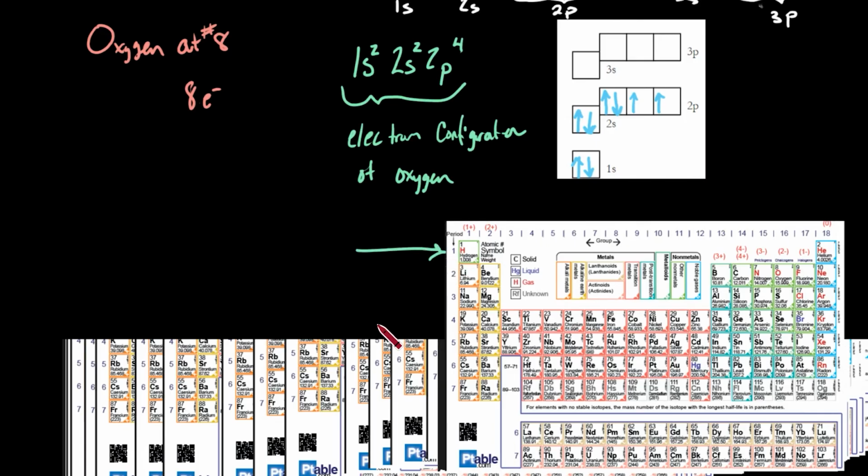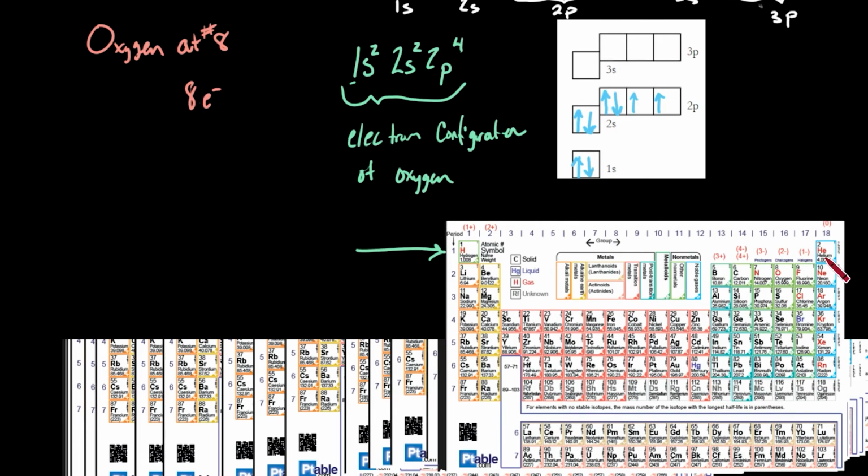You guys remember yesterday with the Bohr model, we were drawing our circles? First energy level had how many electrons? We had 2 in that first circle, right? Well, lo and behold, first energy level, 2 electrons. Second energy level yesterday had 8, right? The second circle had 8 electrons.